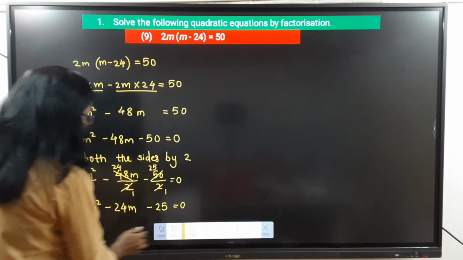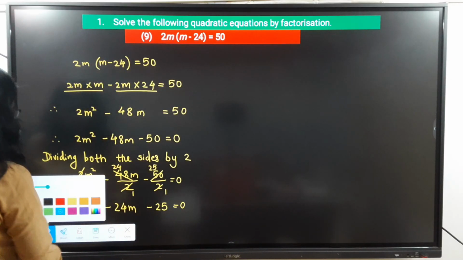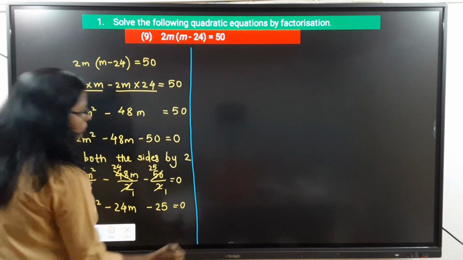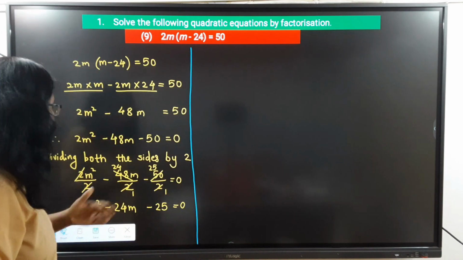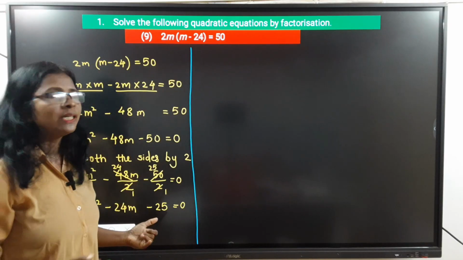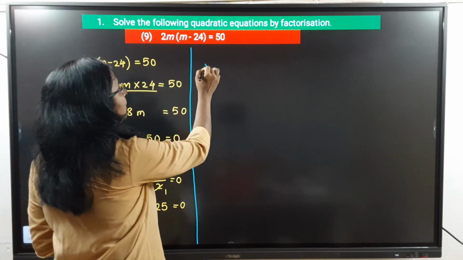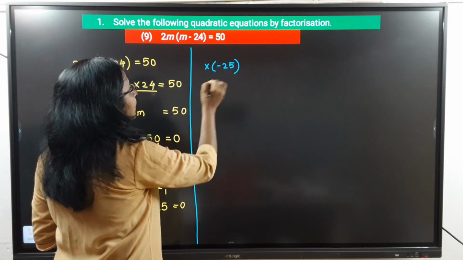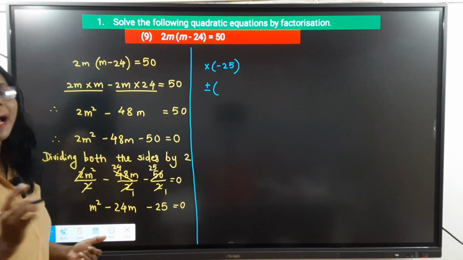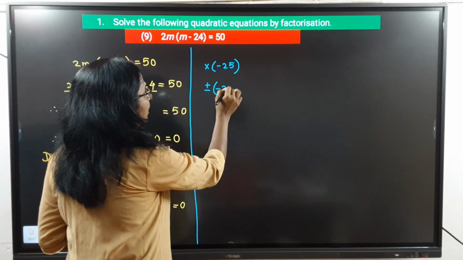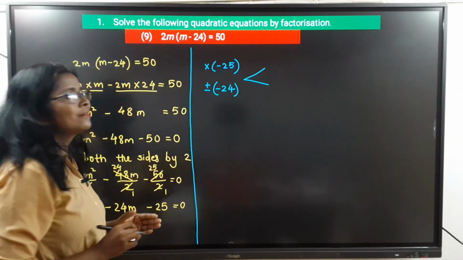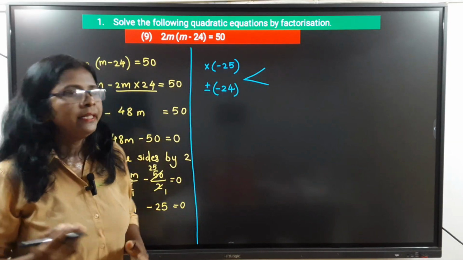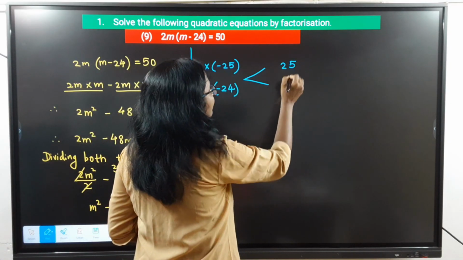So now we factorize this, students, okay, by the factorization method. We have to solve this equation by the factorization method. So here we want the two numbers such that their product will be minus 25 and their addition or subtraction would be minus 24. So such two numbers are, students, 25 ones are 25.